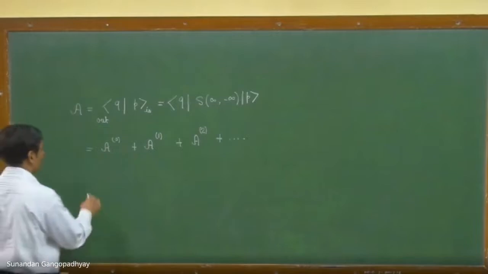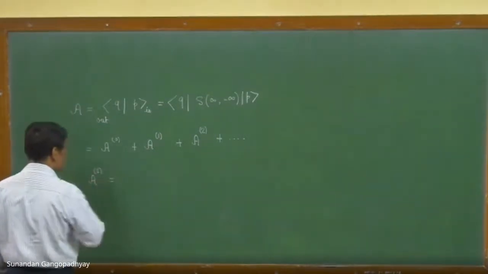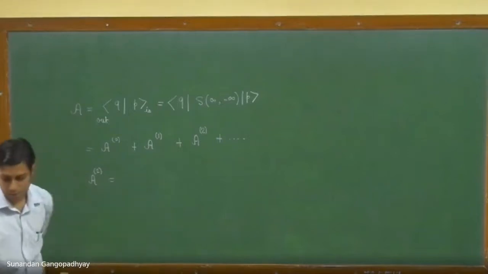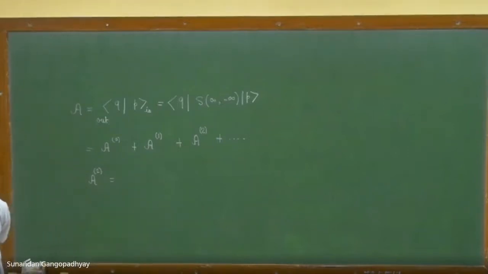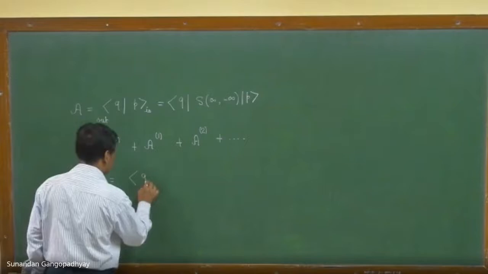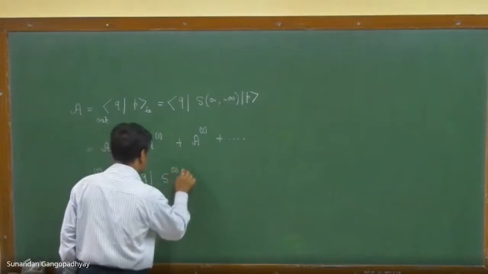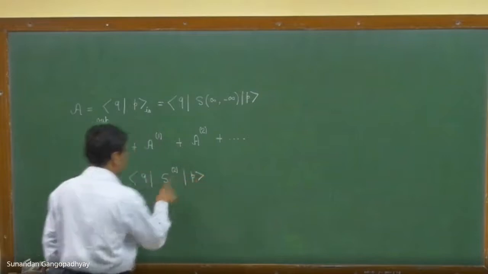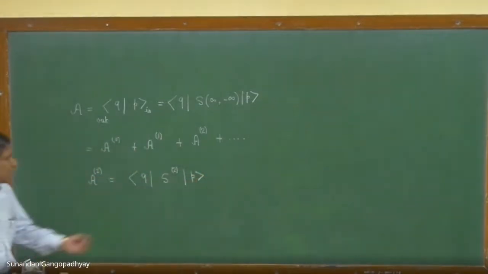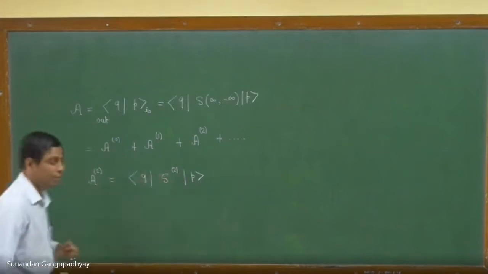So A2, this term, you can write as Q, where S2 basically means the S matrix is taken up to second order.